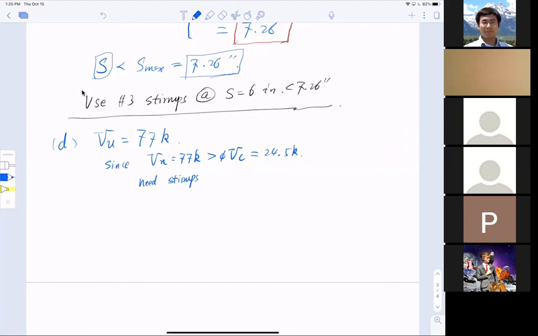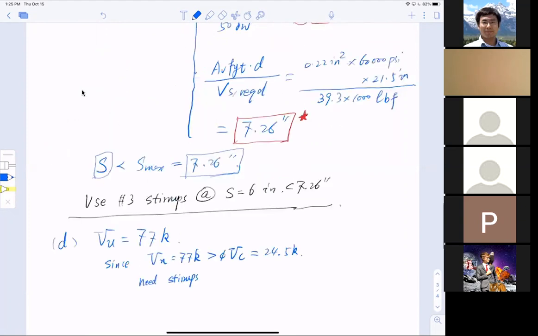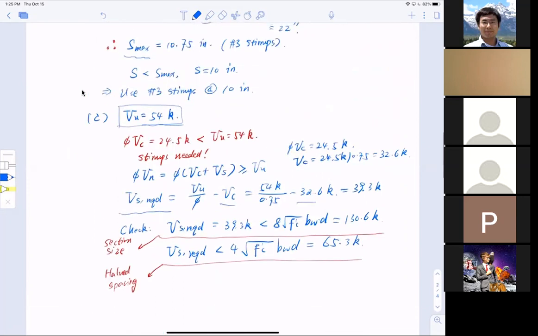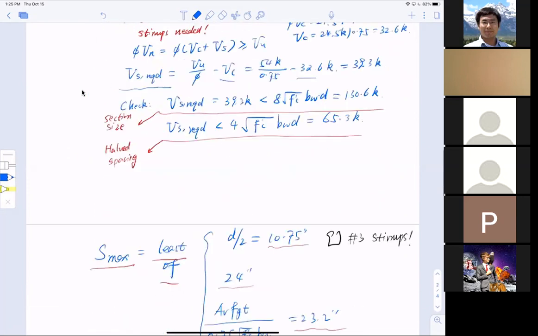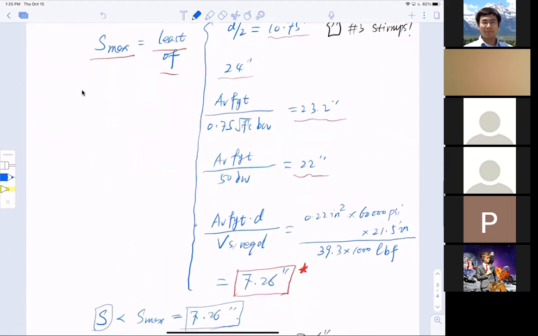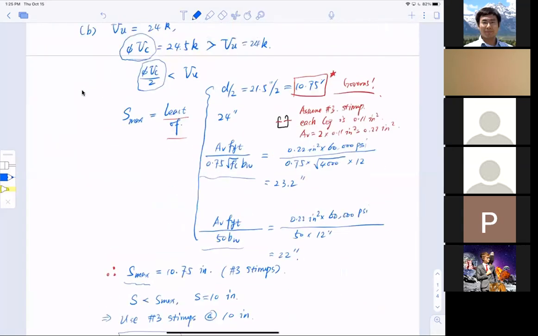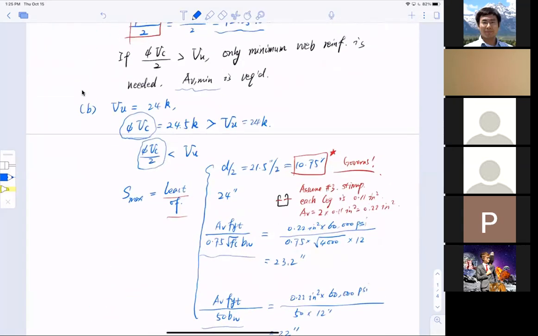Yes, sir. For C, you did use that last equation for S max, the AV FYT times D over VS required. Why didn't you do that for B? Well, for B, the concrete VC is bigger than VU.